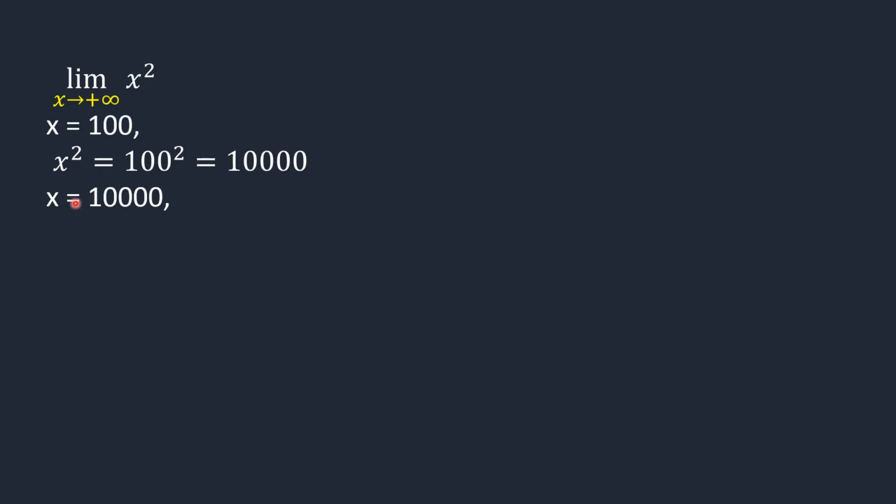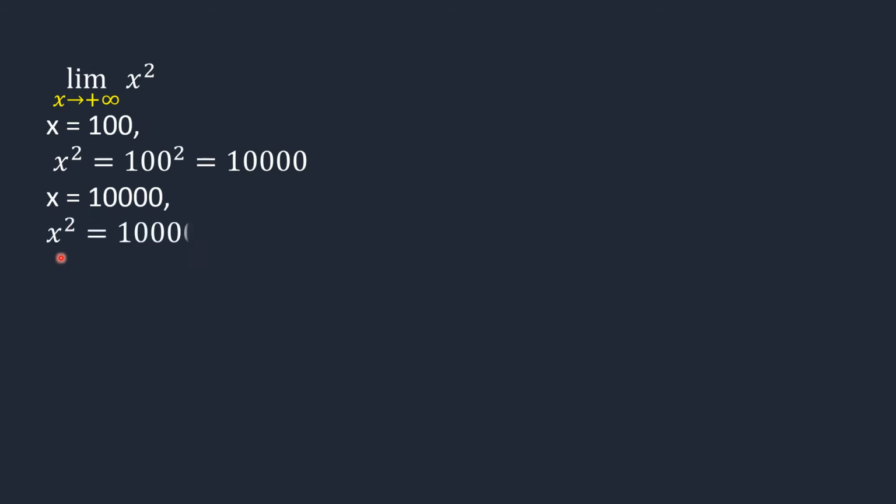Consider limit x square as x approaches positive infinity. Let us assume x equals 100. So x square will be 100 squared, which will be 10,000. Now let us increase the value of x and assume x equals 10,000.